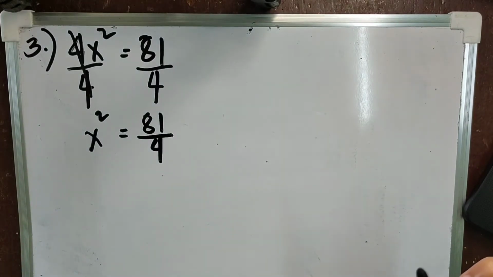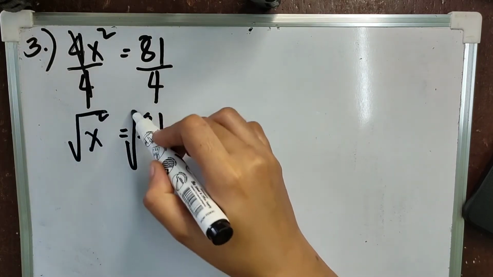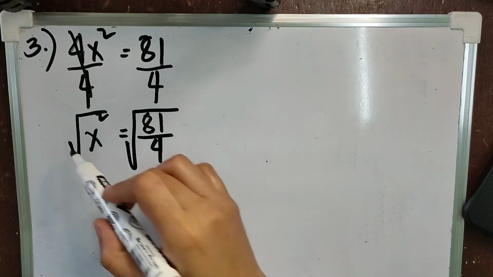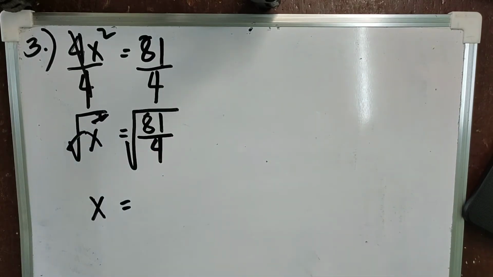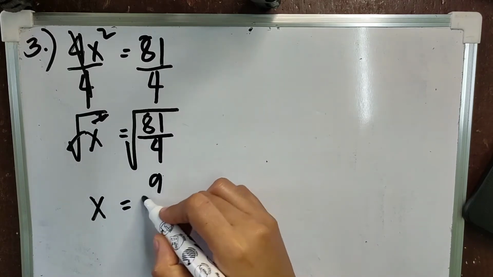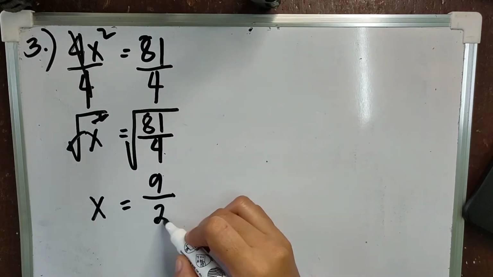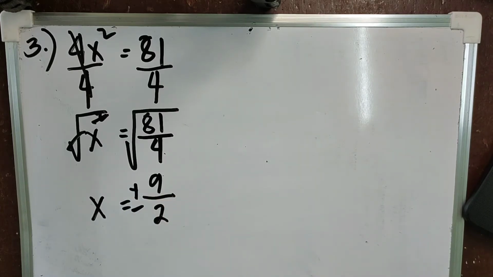And then apply the square root property. We have square root on both sides. Then cancel. X equals. Now, this time, we are going to get the perfect square of both the numerator and the denominator. Since the square root of 81 is 9, and the square root of 4 is 2, your answer is positive and negative 9 halves.